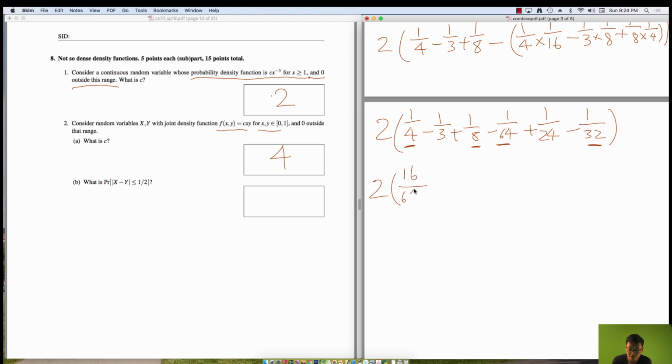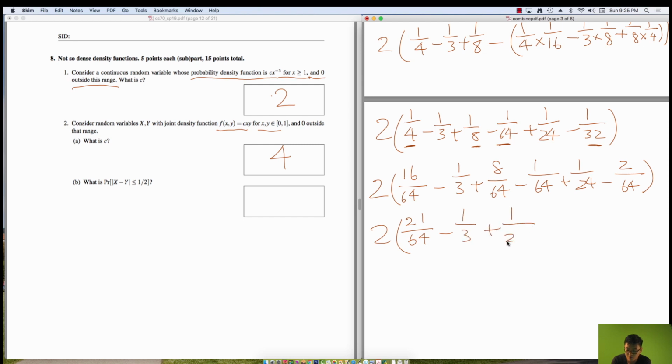So this is just 16/64 minus a third plus 8/64 minus 1/64 plus 1/24 minus 2/64. And so 16 plus 8 is 24, minus 1, 23, minus 2, 21. So this is just 21/64.